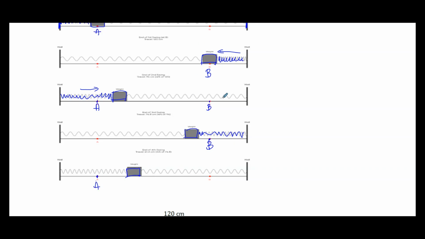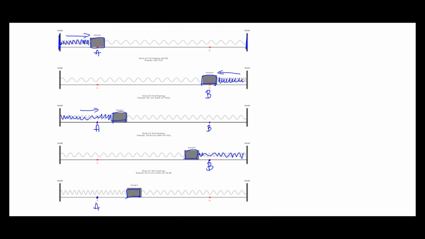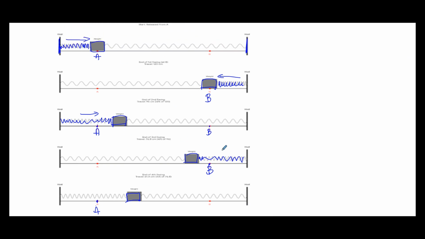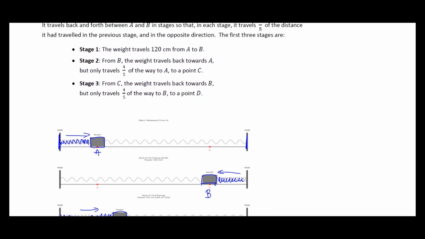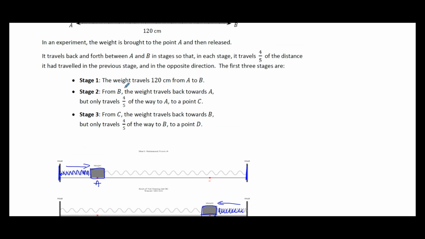So that is the idea we are dealing with. Every time, because that spring is not as squashed, it's not going to have as big a force to push it that far. Every time that distance is going to be less. And that's what the description is here.